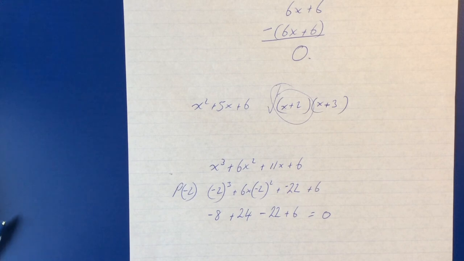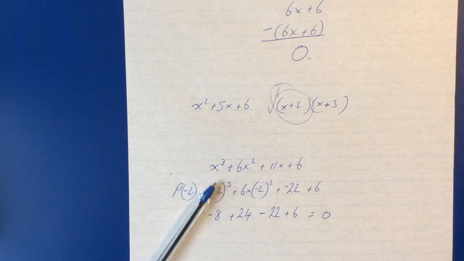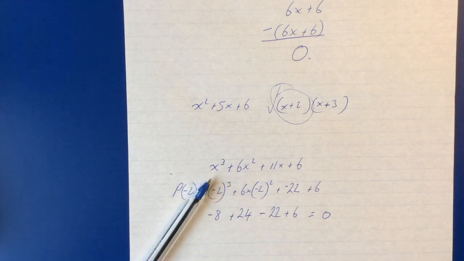So it is possible, although it is a diminishing return, it is possible by trial and error to use factor theorem to find all of the factors of a cubic, if the cubic is cooperative. If it's one that's got remainders, well, that's another story.